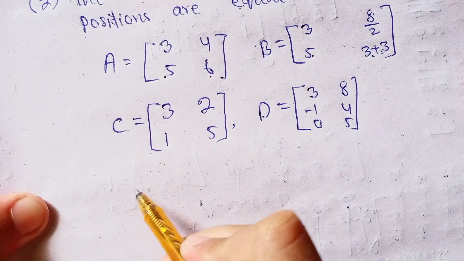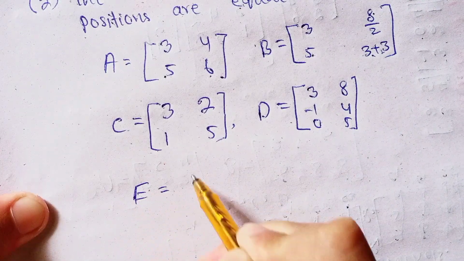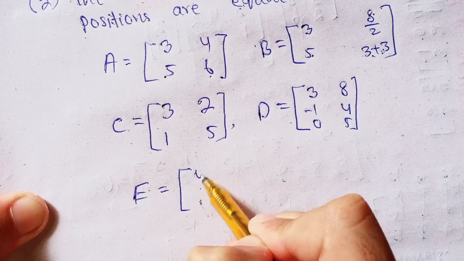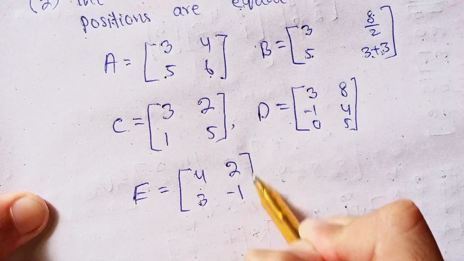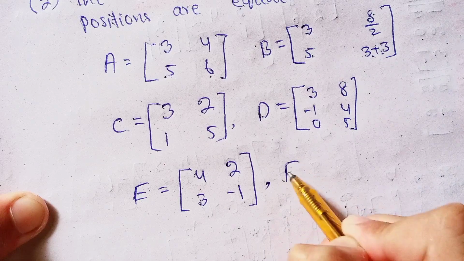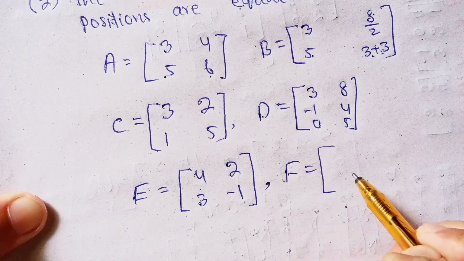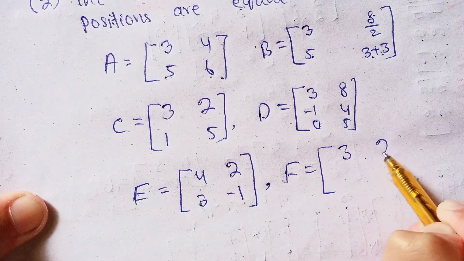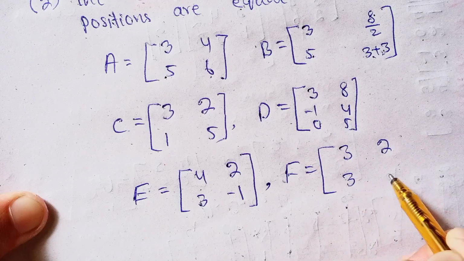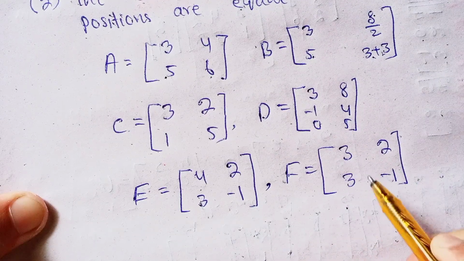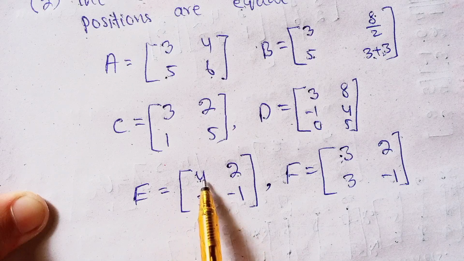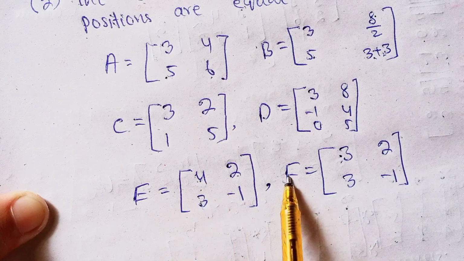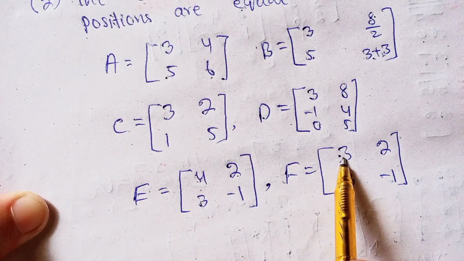And let me take another example, E matrix, which contains the elements 4, 2, 3, and negative 1. And F matrix, which contains the elements 3, 2, 3, and negative 1. So again, look at these two matrices here. In matrix E, the first element is 4, and in matrix F, the first element is 3.